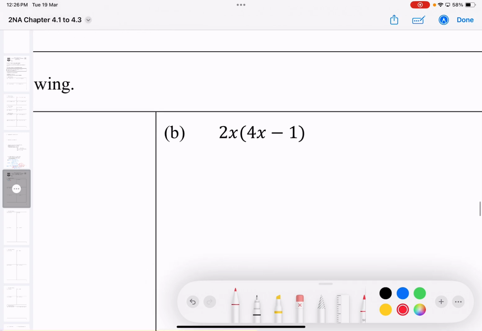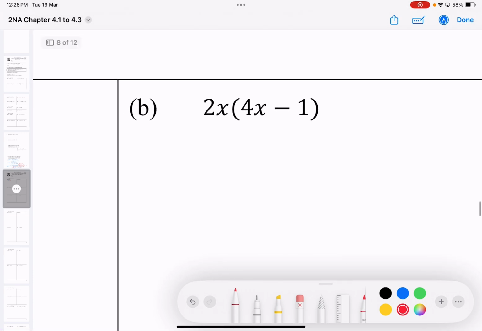Let's look at the next one, part B. I have a 2x here. Multiply inside. 2 times 4 gives me 8.